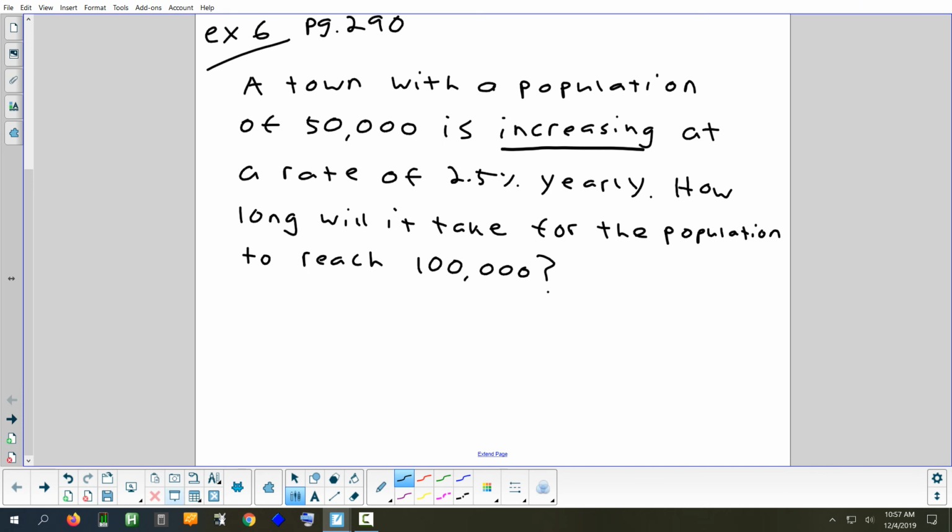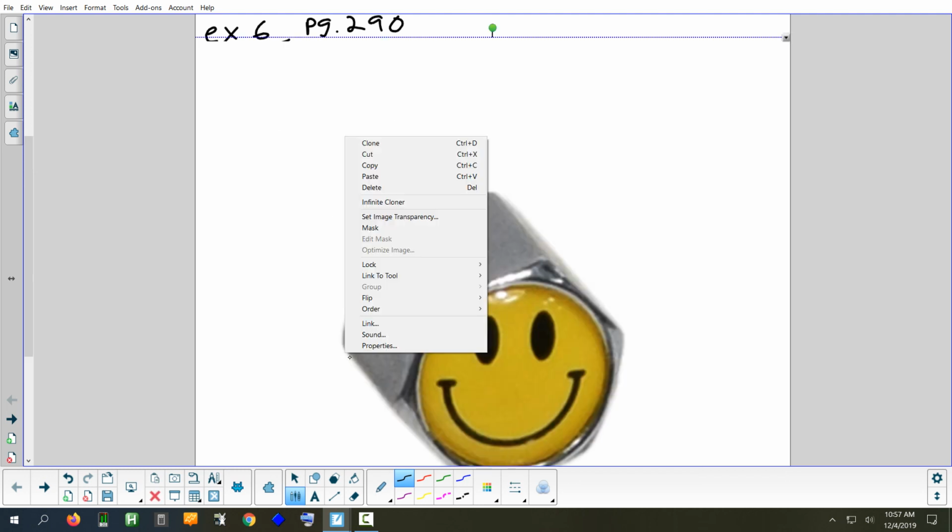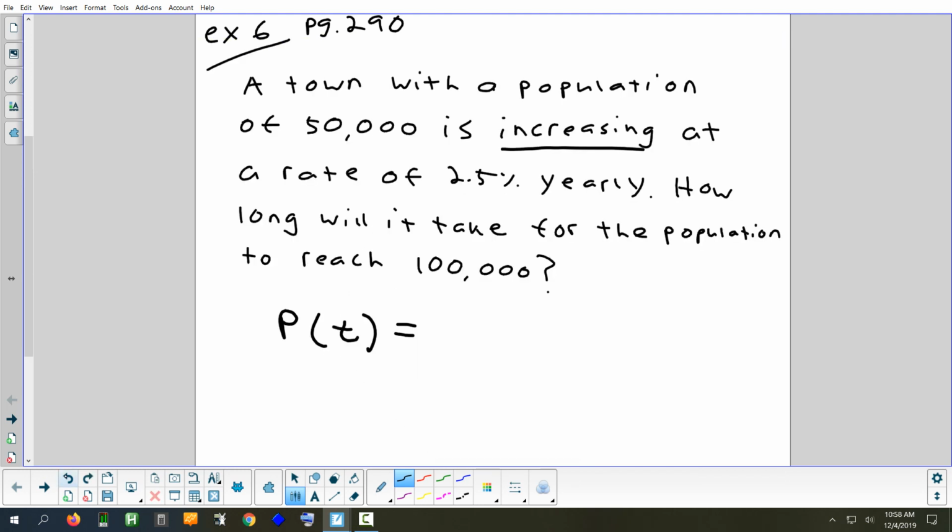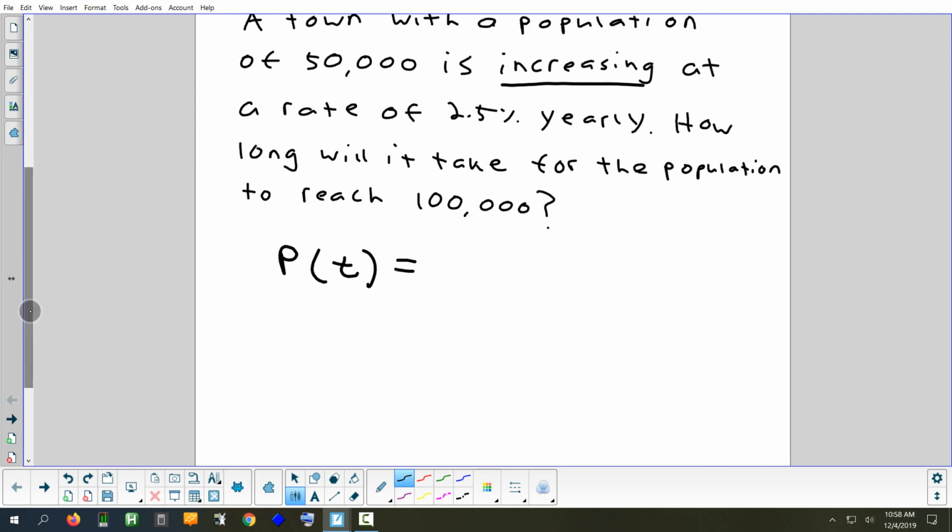I'm going to plug everything in, and then we'll solve it. So I'm going to call my formula P of t, population as a function of time. So t will be my variable that I use. All right, so P of t.